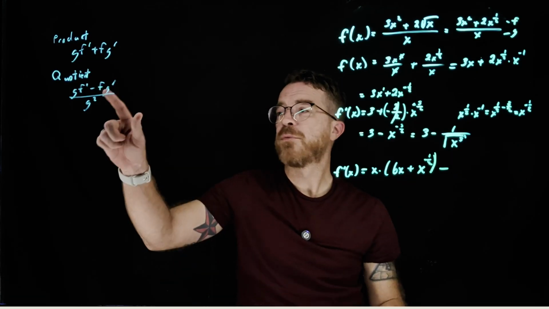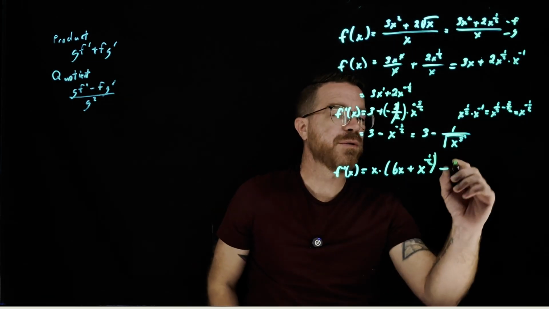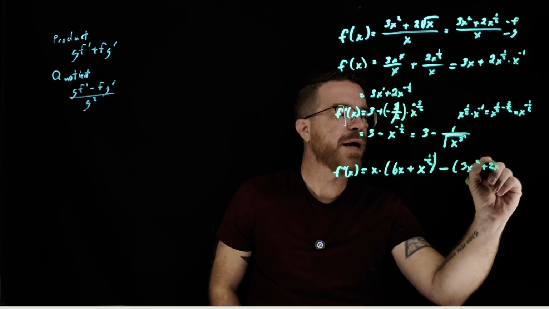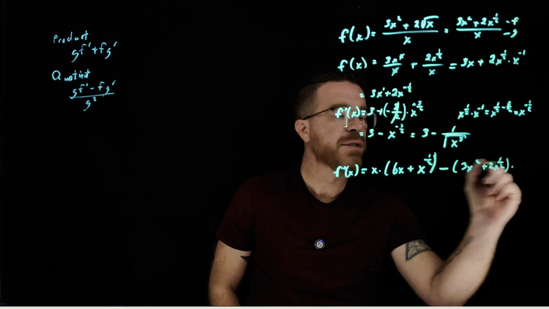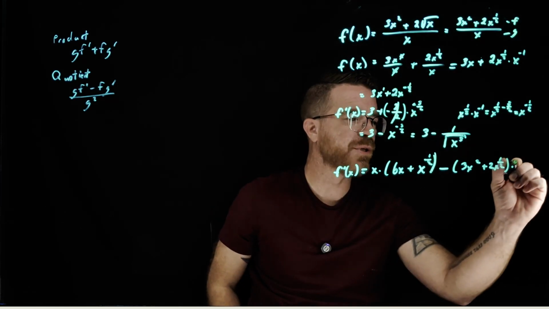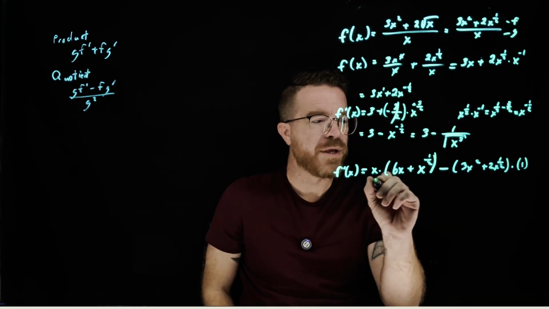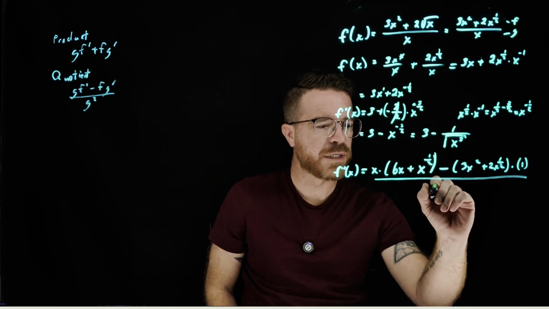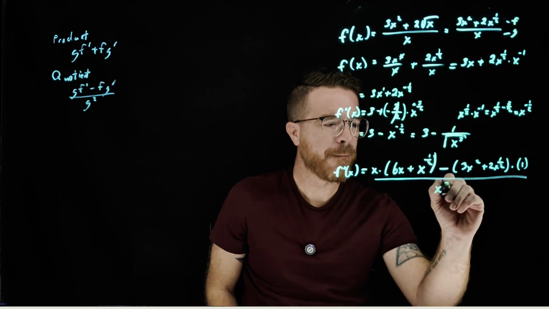Minus. Now for my f term, I'm going to leave this alone, so this is going to be 3x squared plus 2x to the 1/2 times, now I'm going to take the derivative of my g term. Derivative of x is just equal to 1. And then I will take my g value, so in this case x, and I will square that.